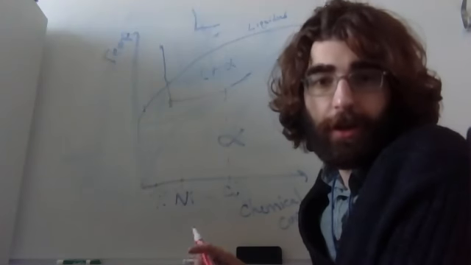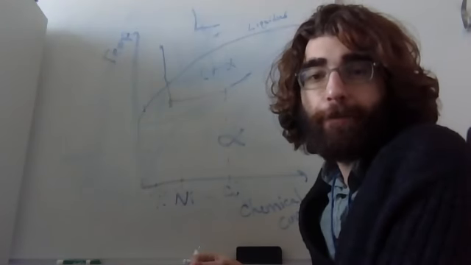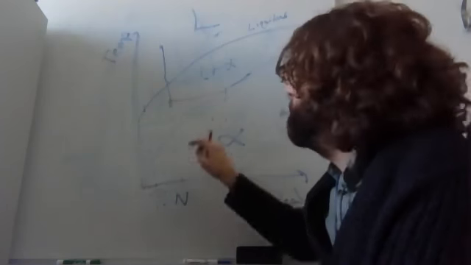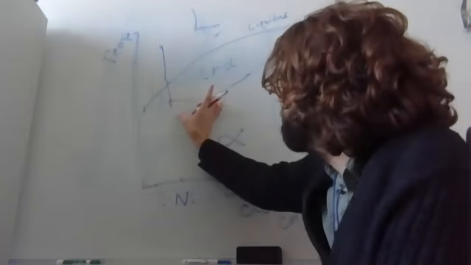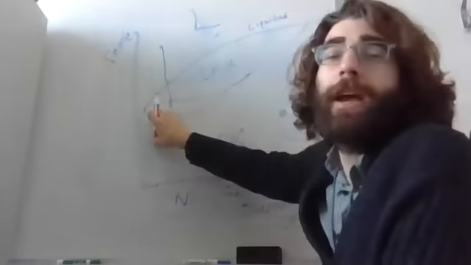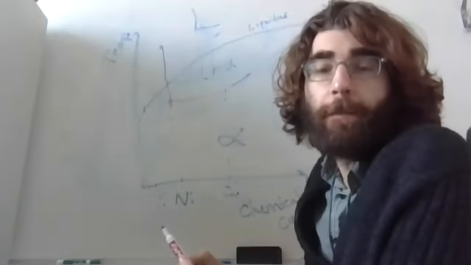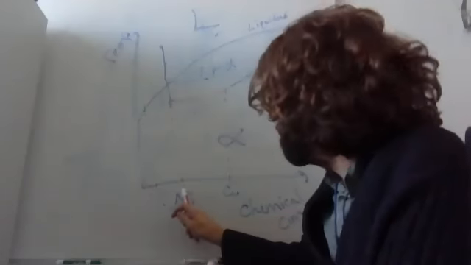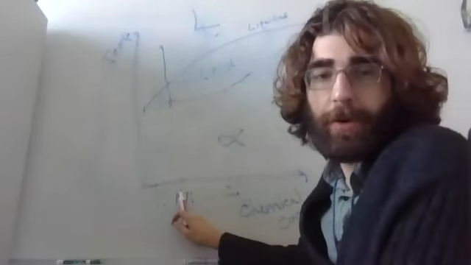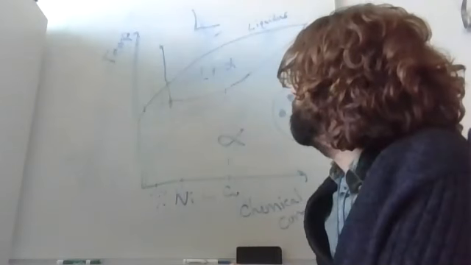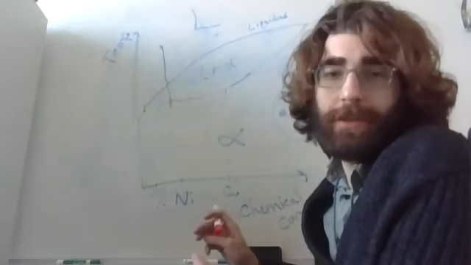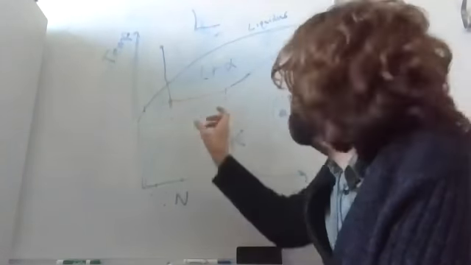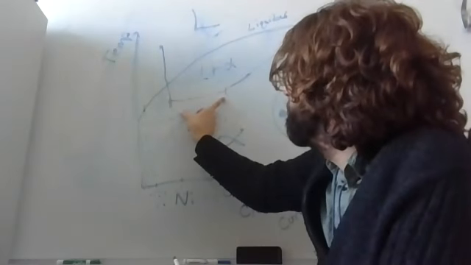phase and vice versa. And in that way, we can compare the lengths of these lines to get an idea of the ratio between the two, because we know that they have to average out to our overall composition of 0.1. So that is called the lever rule, where we compare this distance, right?